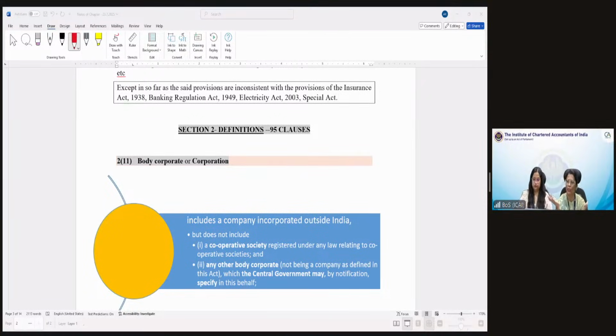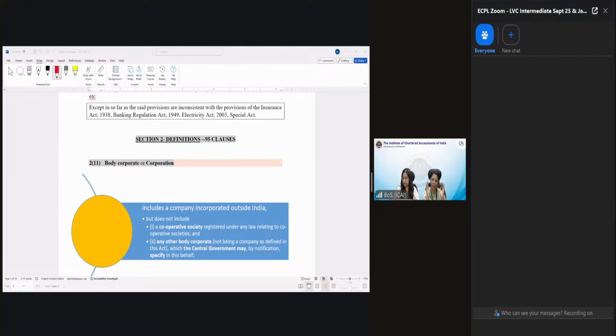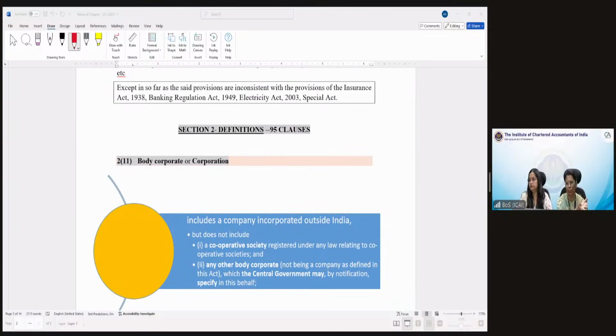To avoid that, one definitional clause is provided where all the relevant definitions are given. Whenever the terms are used frequently under the act, in whatever sense the term has been defined, you have to take that particular terminology in that sense only in the statute.